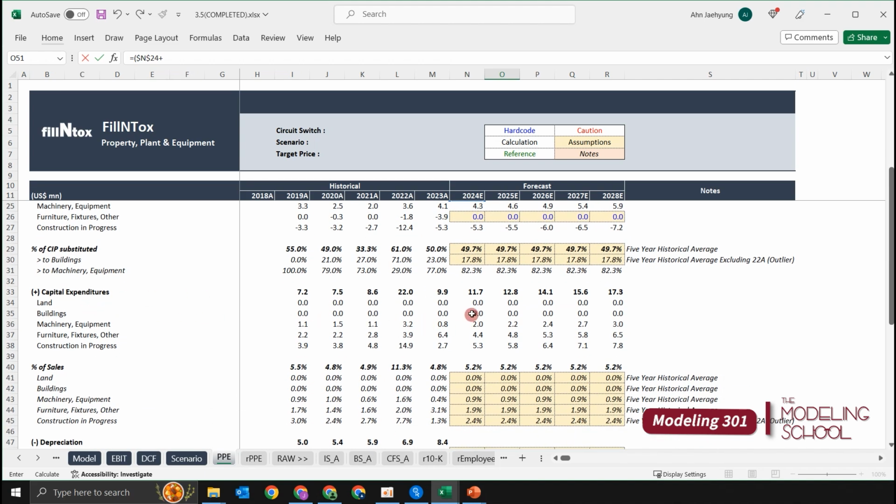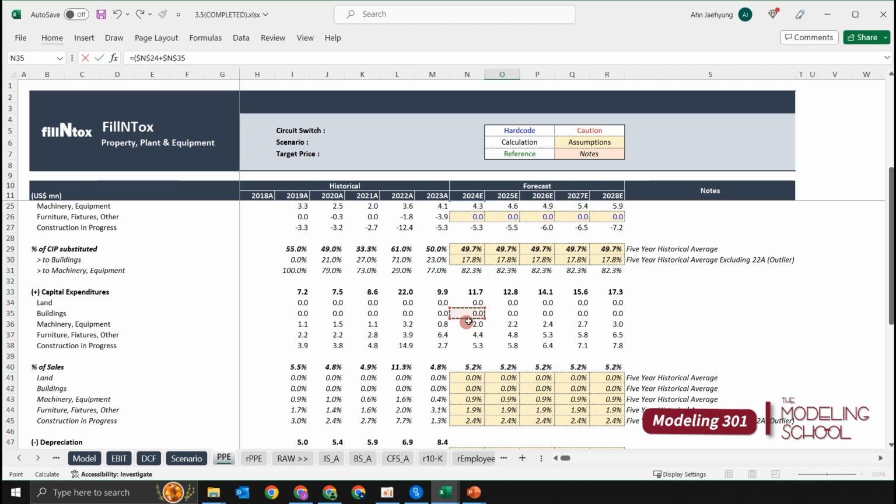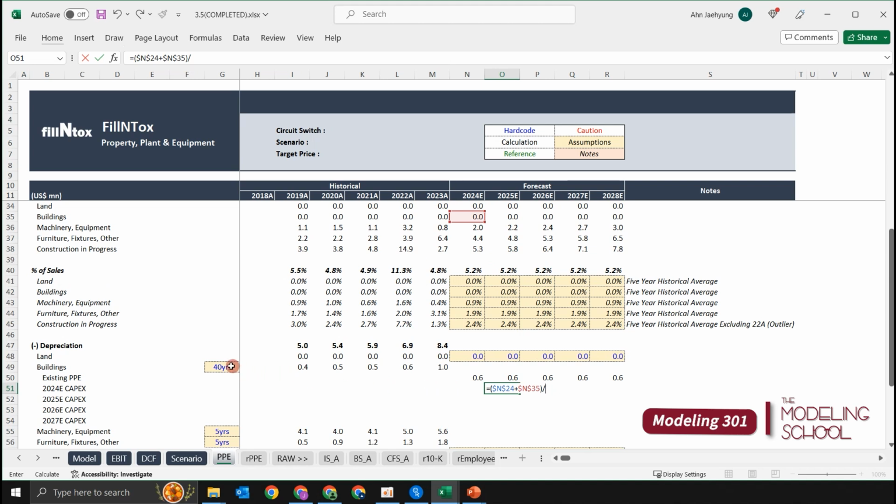Of course, the numbers are 0, but also F4. So a total of 0.9 million that has been invested in 2024 would be divided by 40 years, again F4, and be distributed evenly throughout 40 years.